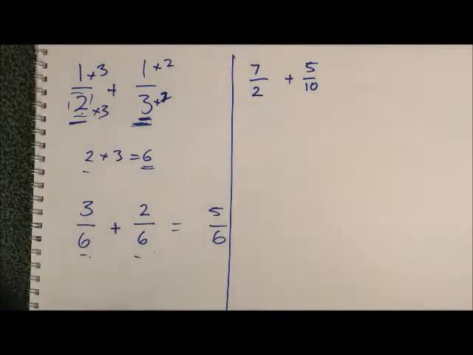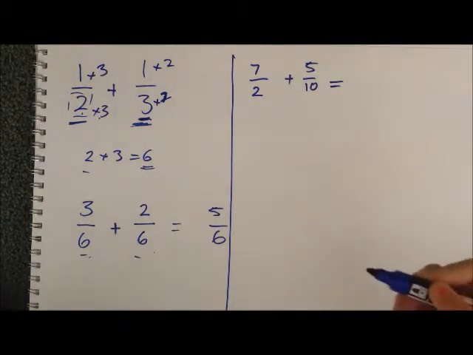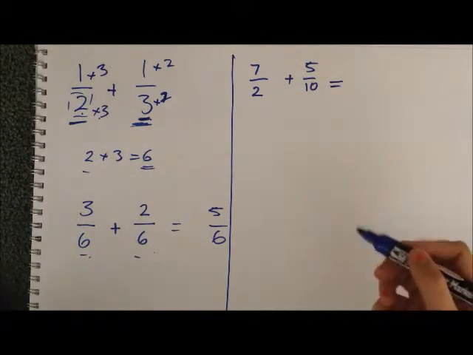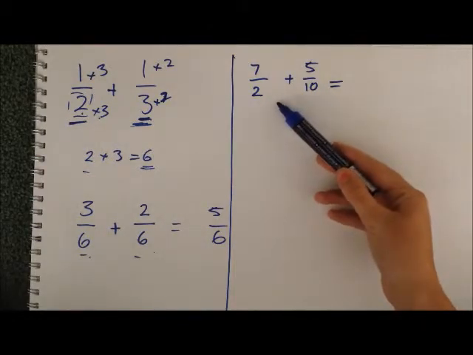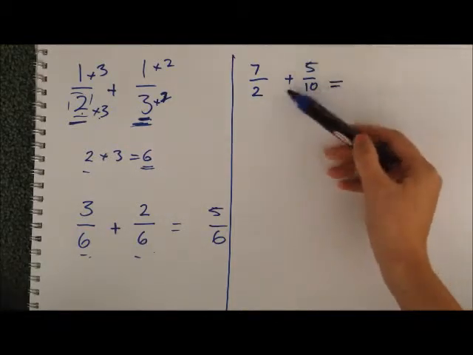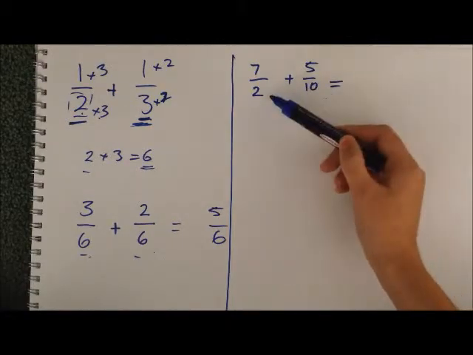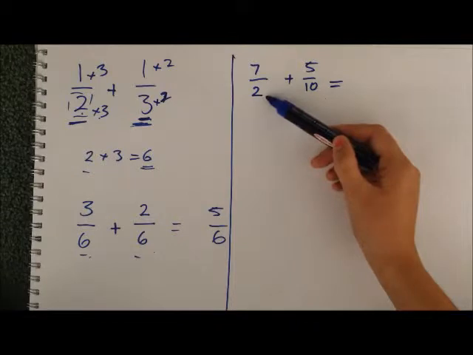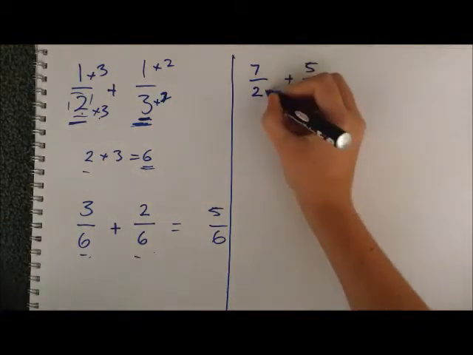Okay, let's work through it. So what we do first is we find the lowest common denominator, so the lowest number that both go into. Well, we know that 2 goes into 10, don't we? So we can leave this fraction because it has already got the lowest common denominator. But what do we do to 2 to get it to be a 10? We times by 5.